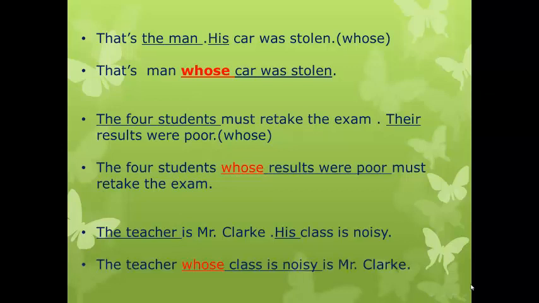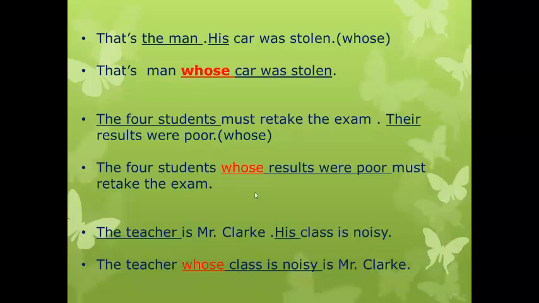The teacher whose class is noisy is Mr. Clark. The underlined clause is the clause that tells us about the teacher, and this is the relative clause. As you can see, the relative clause here gives us extra information about Mr. Clark, so it's a non-defining relative clause.